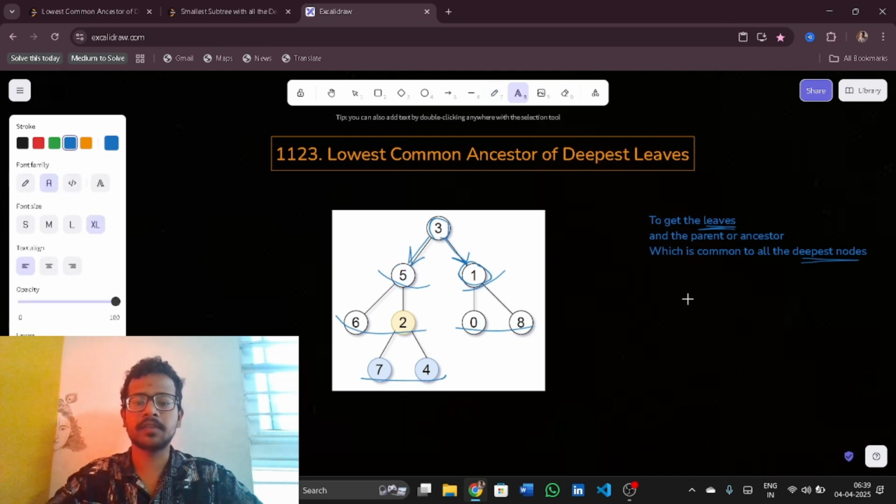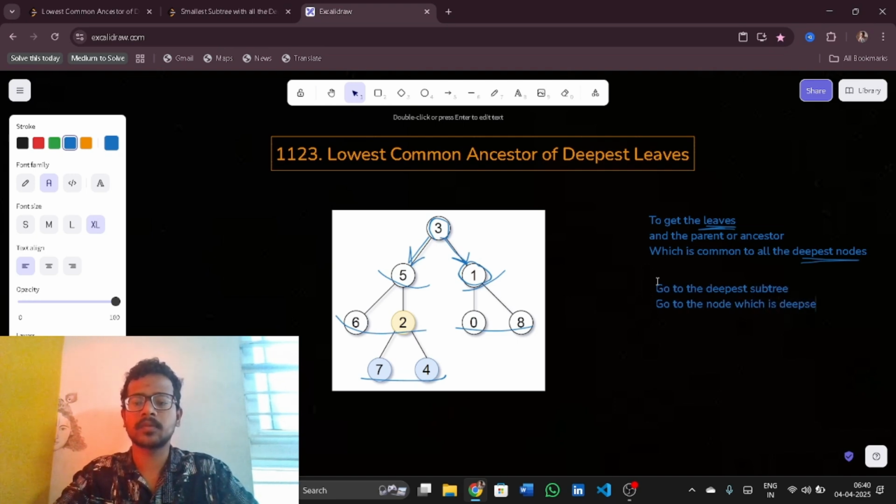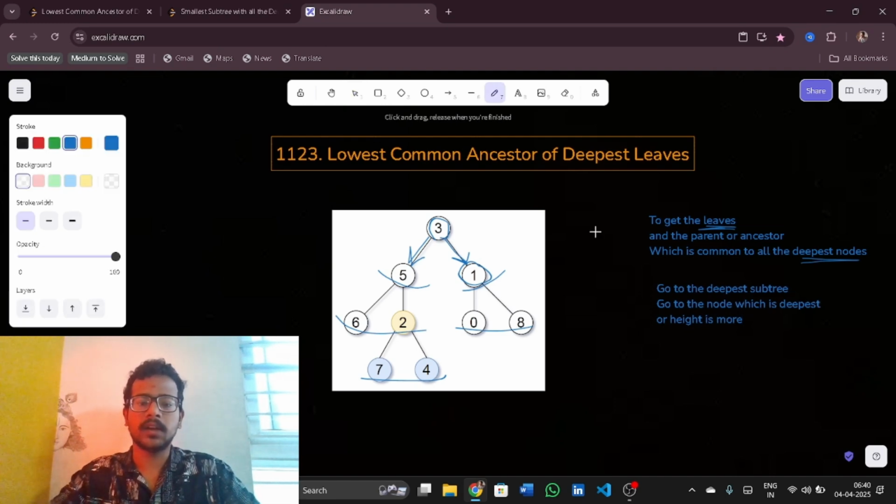That's my first intuition. The first observation is to go to the deepest subtree, or go to the node whose height is more, right?